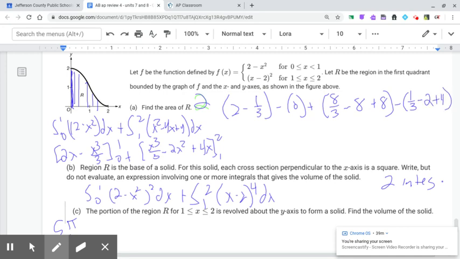All right. So all together then, let's do all the whole numbers. I have 2. These cancel out. And this is 2. 2 minus 2 is 0.